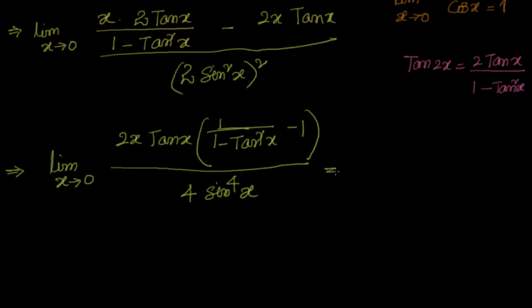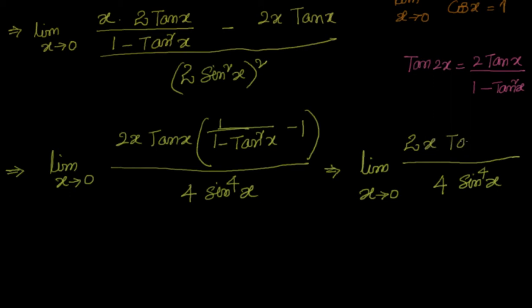Let's write one more time. This is equal to limit x tends to 0. The denominator will stay as it is, 4 sin to the power of 4 x. I am not cancelling them as of now. In the numerator, 1 minus 1 plus tan square x, so it will become 2x tan x.